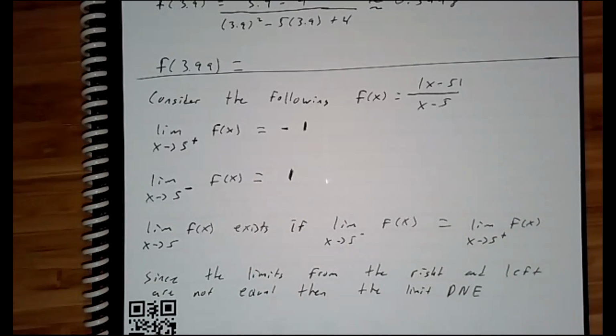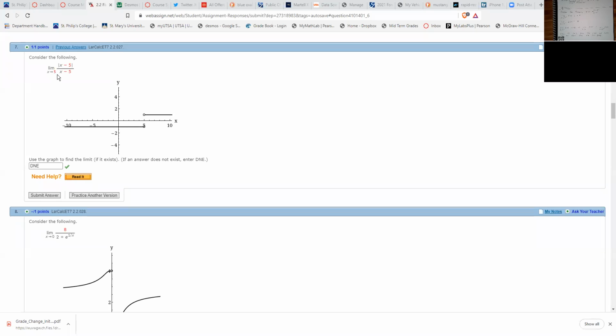In the question, they don't have a symbol of plus or minus, right? Did you notice that? It's just 5. So this is just a regular limit. This will only exist if both sides are the same. And they are not.